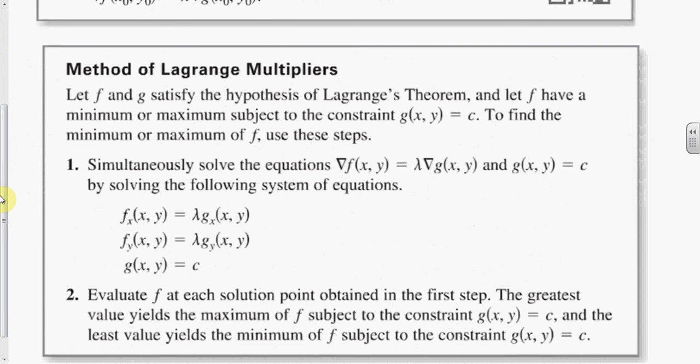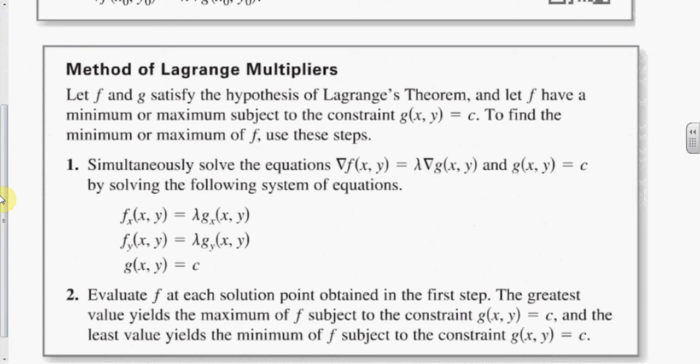So let f and g satisfy the hypothesis above, that the partial derivatives exist. And let f have a minimum or maximum, we don't know, we need to find out, subject to the constraint that g is equal to c. To find the minimum or maximum of f, we use these steps, very, very straightforward.